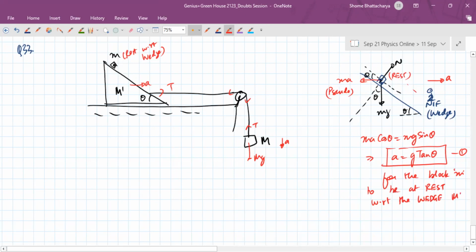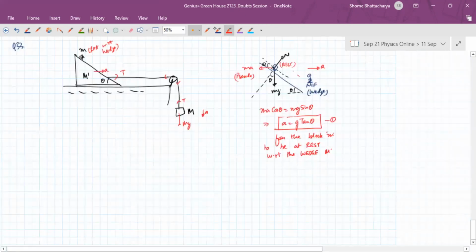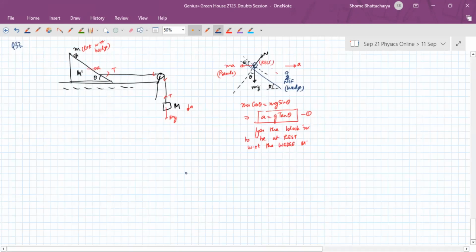Okay. Now, once we know the value of this acceleration, we come down to the free body diagrams of the other two things. Now, the convenient thing to do here would be to make the combined free body diagram of this plus this, the block small m plus the wedge M prime, and that too in the inertial frame.